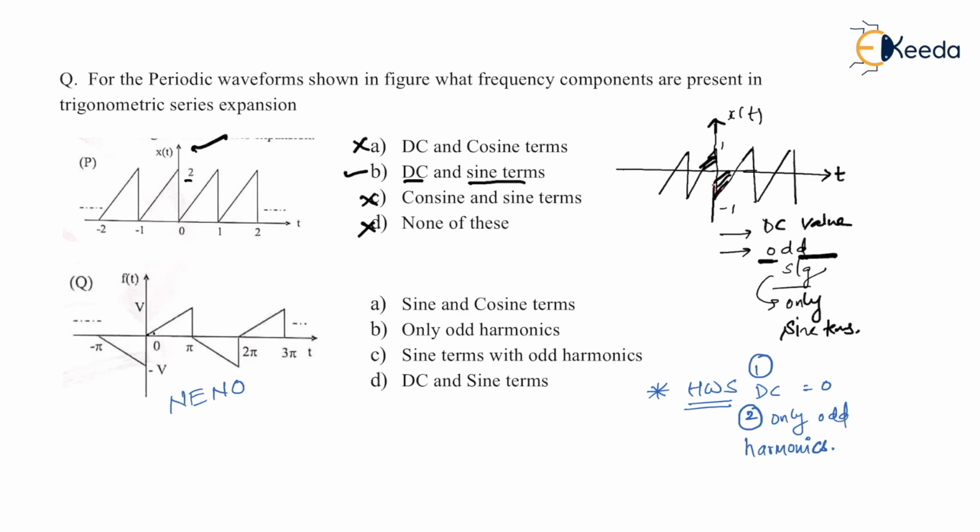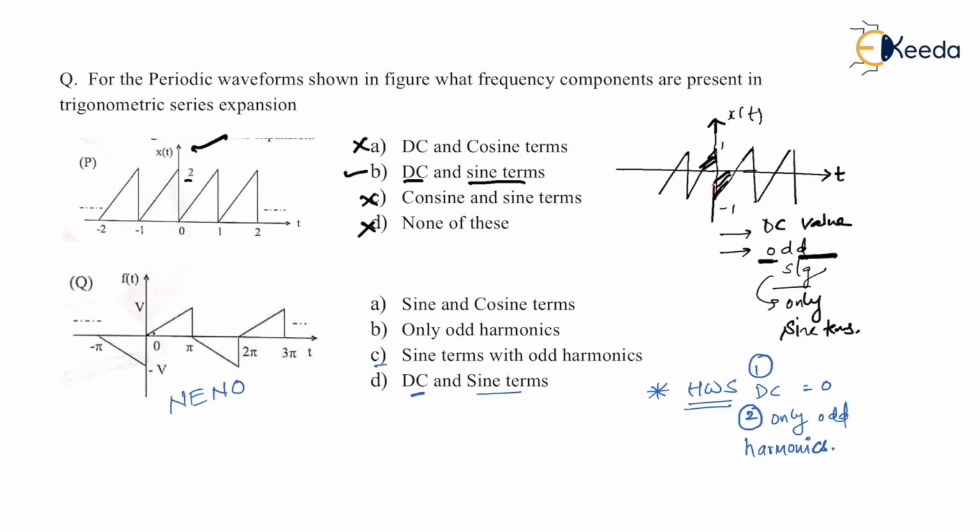Option B says only odd harmonics. Option C says sine terms with odd harmonics. When they say sine terms with odd harmonics, it means it should definitely be an odd signal. We know that this is not an odd signal, so I cannot be sure that it will have only sine terms. But yes, of course it will have odd harmonics. And option D says it will have DC and sine terms.